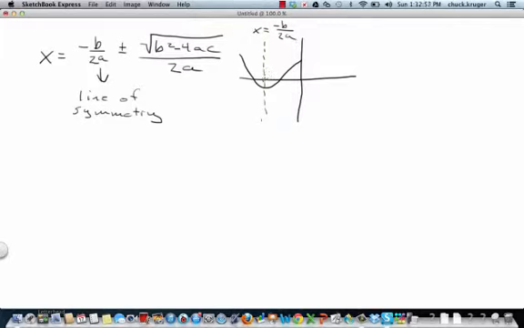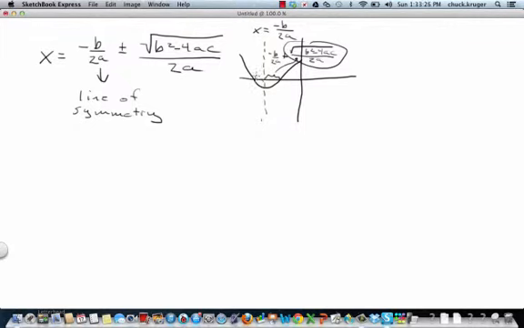This distance right here is going to be negative b over 2a plus, this distance right here, I'm adding this amount, the square root of b squared minus 4ac over 2a. This part right here is this amount.